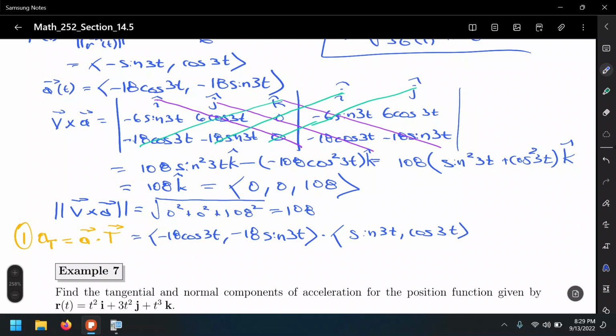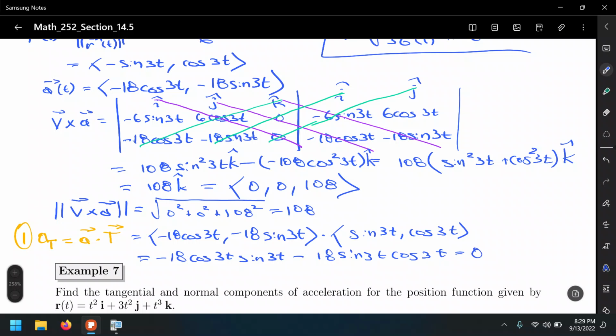And when we find the dot product between these two vectors, that's negative 18 cosine 3t times sine 3t, and in this case plus, and actually it's going to be negative, minus 18 sine 3t times cosine 3t, which is in this case 0.